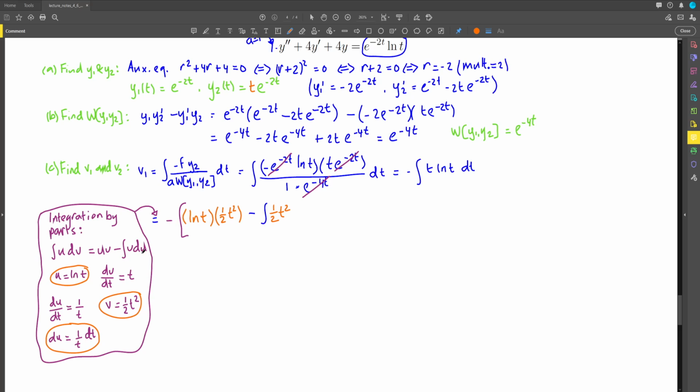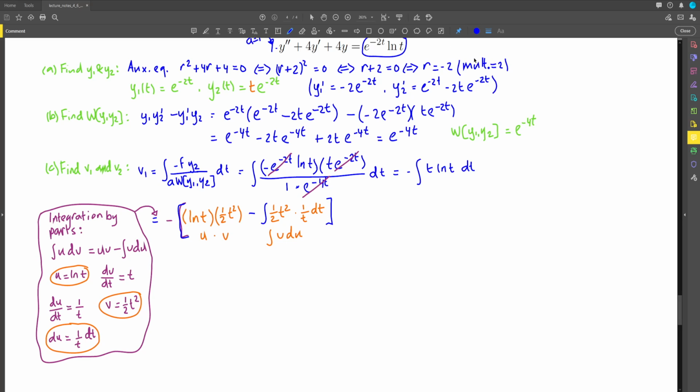So this is v, and then du, that equals 1/t dt. Right, and just as a clarification, this is u times v, and then this is the integral of v du.